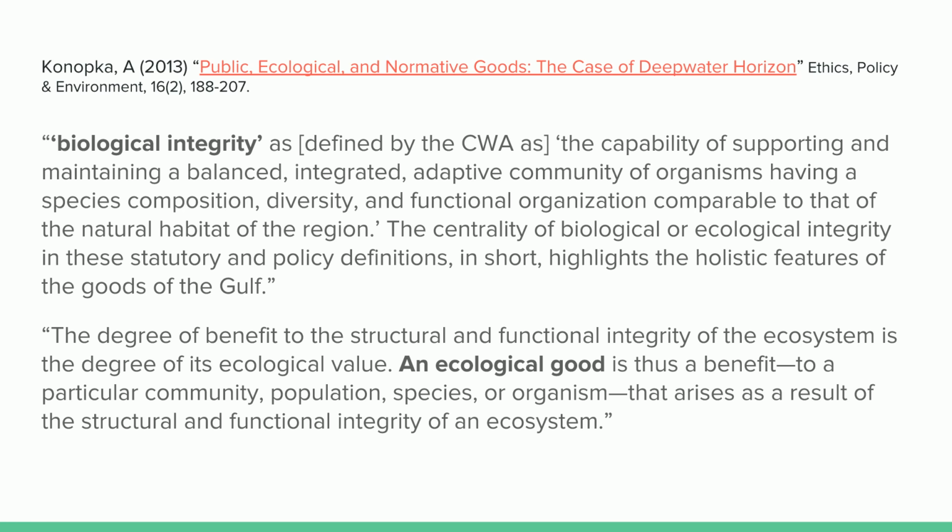I also think biological integrity, ecological integrity will be important for thinking about artificial intelligence later on in the semester, when we're thinking about how artificially intelligent technologies might impact our lives. It's not just about what those technologies do, but it's really about how it impacts the overall ecosystem, the technological ecosystem, and its impact on integrity. So if you're interested in those kinds of issues, look at this Konopka article. I think it's pretty good. I think that's it.